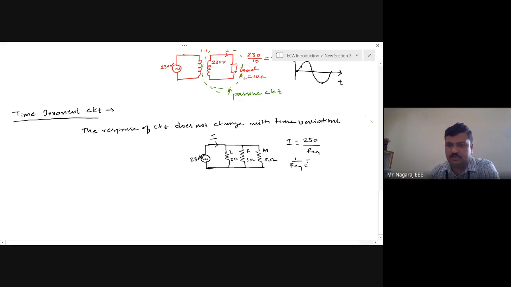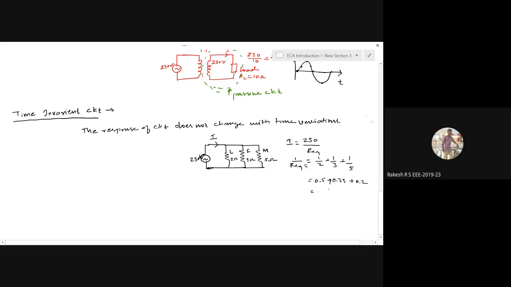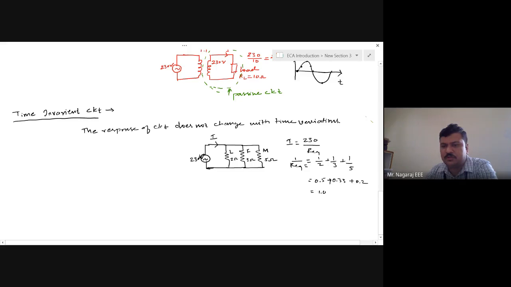1 over R equivalent is equal to 1 over 2 plus 1 over 3 plus 1 over 5. So 0.5 plus 0.33 plus 0.2. How much will it come? 1.033. This is 1 over R equivalent. What is R equivalent?